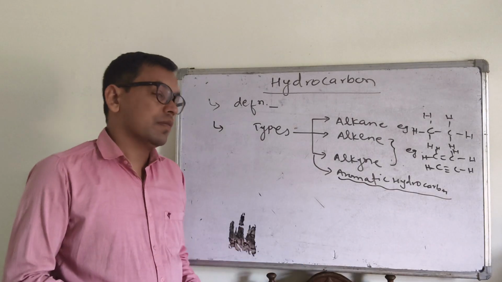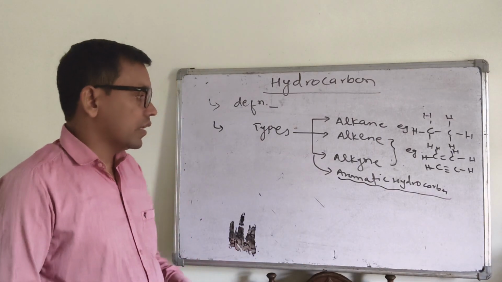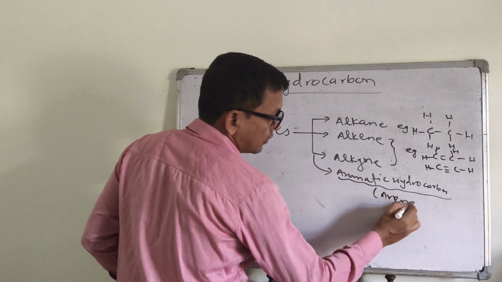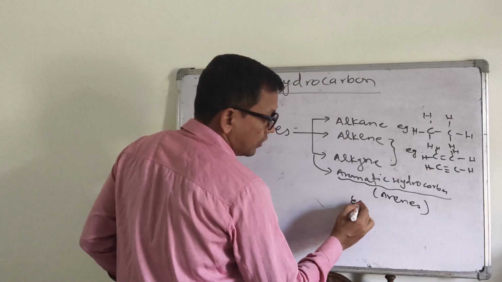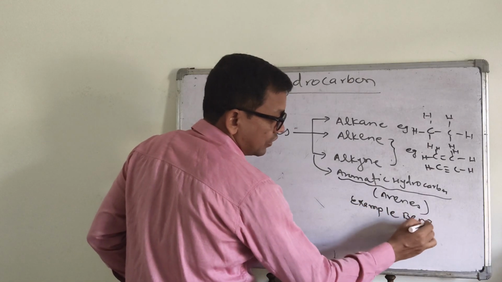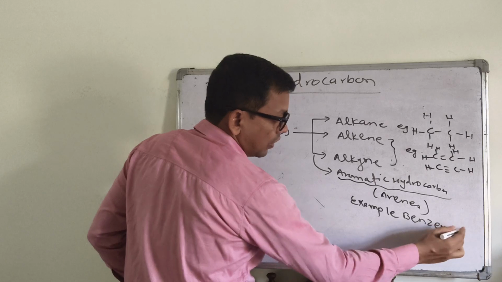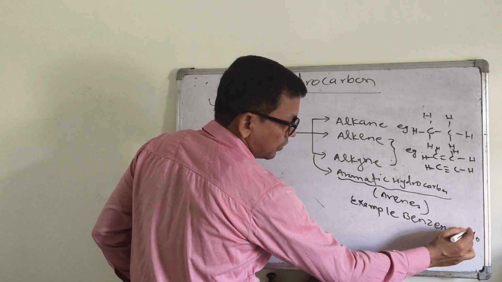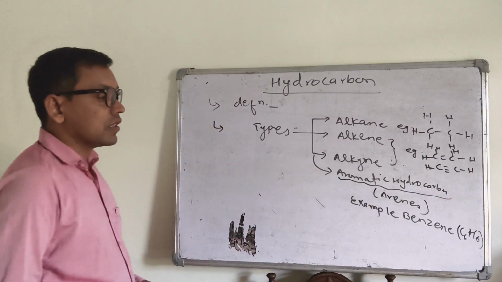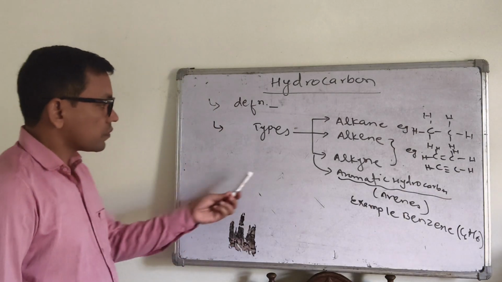The compounds made from benzene and its derivatives are called aromatic hydrocarbon, also called arenes. Mostly we study benzene here: 6 carbon, 6 hydrogen, with alternate single bond and double bond.